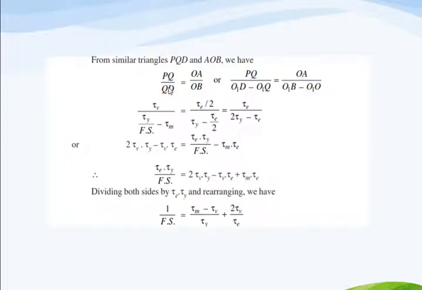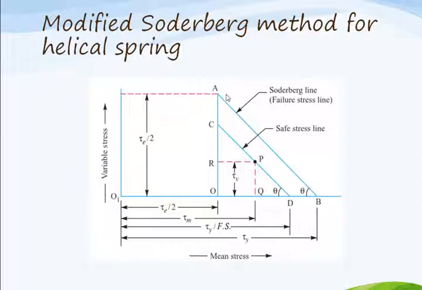Now see, from similar triangles PQD and AOB, PQ by QD is equal to AO by OB.